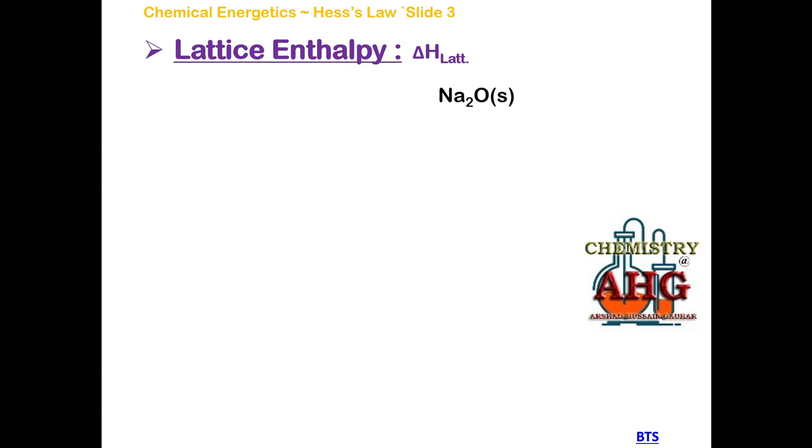There are two types of ions: positive sodium ion and negative oxide ion. When you combine gaseous sodium ion and oxide ion to produce solid sodium oxide lattice, this will be known as lattice enthalpy. Again, in A levels we stick to the lattice association enthalpy.